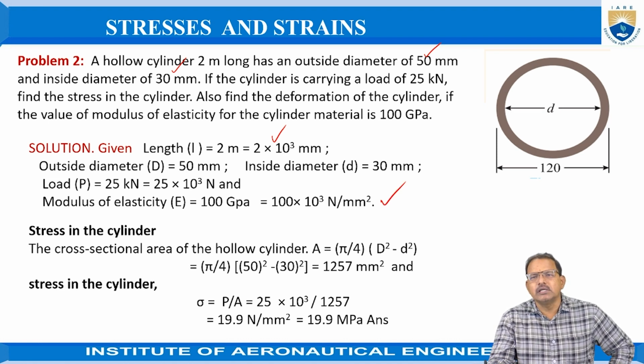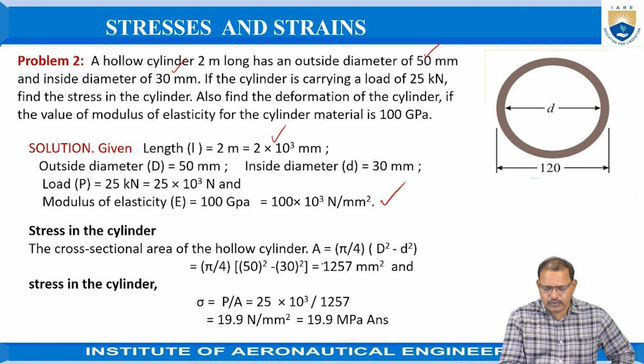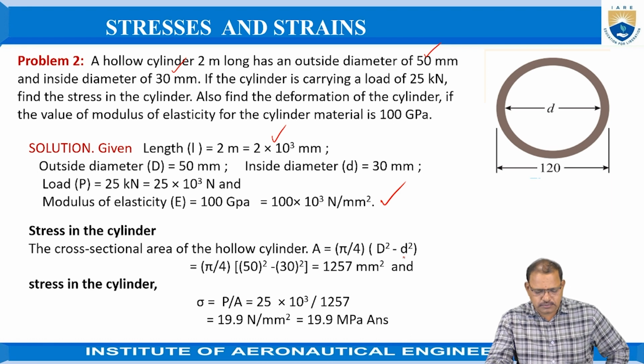Okay, the stress in the cylinder. The stress is defined as the ratio of force applied to the area of the cross section. Hence, first we require the area of the cross section of the cylinder, which is A equal to pi by 4 into D square minus small d square, where capital D is representing the diameter of the outside of the cylinder and the small d is representing the inside diameter of the cylinder.